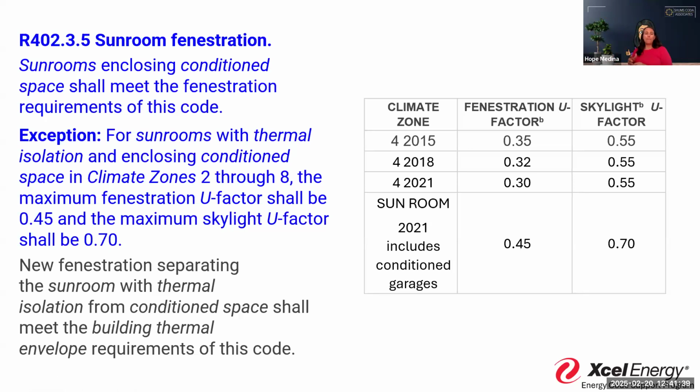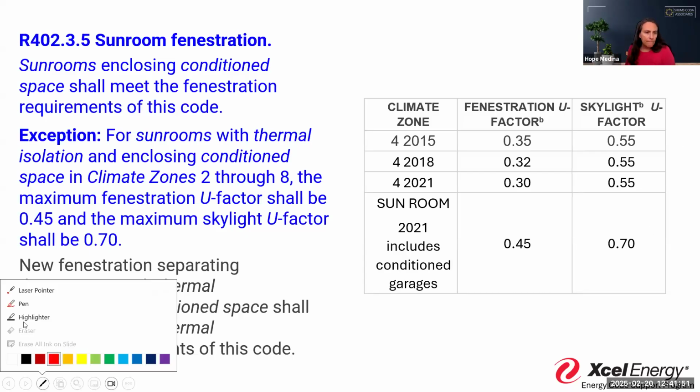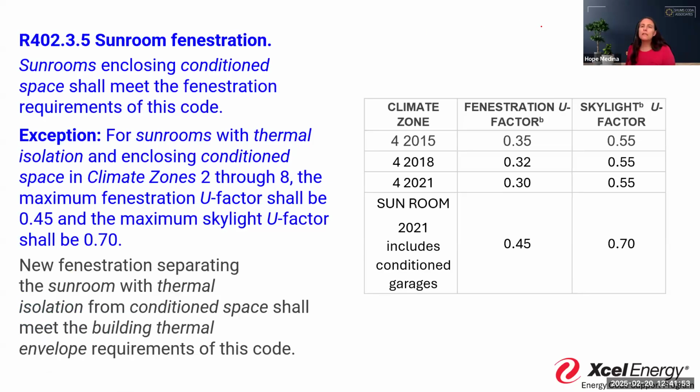Now, just so that we're completely aware, we're going to do it this way. Here's the house, and then here's our little sunroom. So they're saying this is all part of the sunroom.